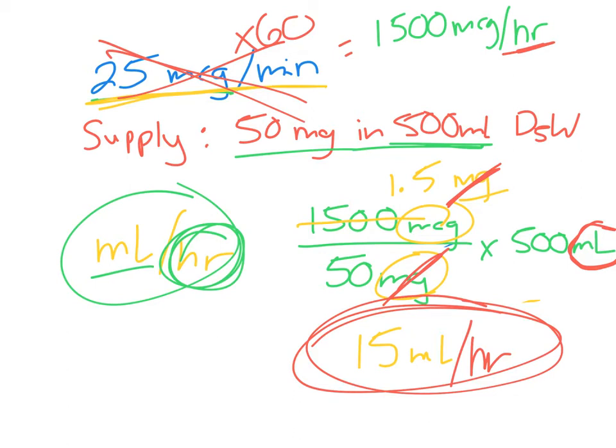Can I, from that, calculate what's been ordered, or how many milligrams that patient is getting every minute? Absolutely. What we're going to do is the reverse of this. I'm going to use the exact same numbers to show you how we can do that. If I start with 15 milliliters per hour, I'm going to show you how we can get to that 25. So let me go to a new slide here.